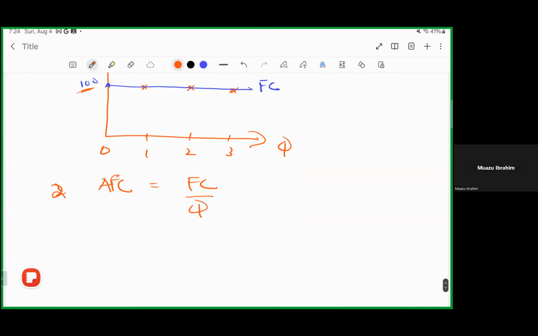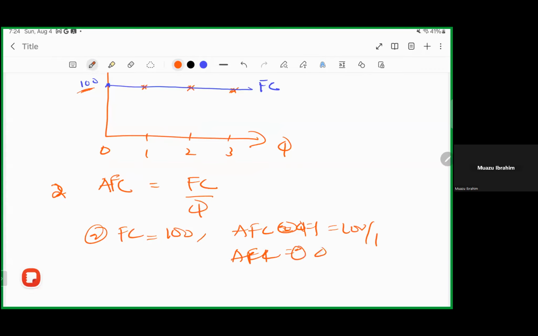So if fixed cost is 100, then the average fixed cost at output equal to 1 will be 100 divided by 1, which is 100. At output equal to 2, it will be 100 divided by 2, which is 50.